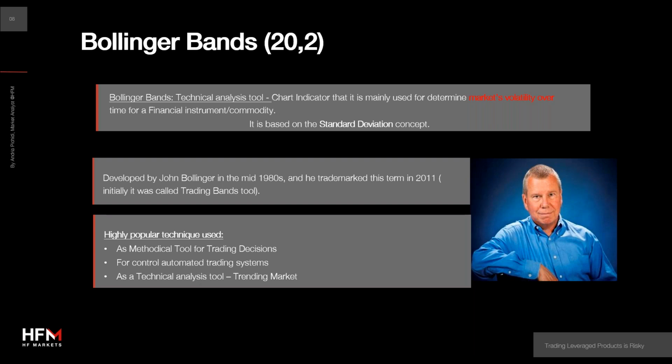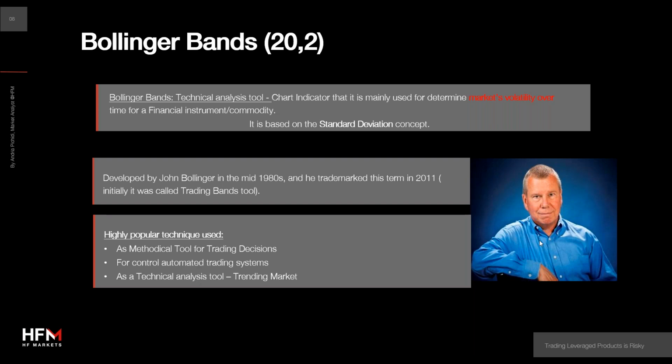Bollingers, as per the name, takes its name from a brilliant man, John Bollinger, the creator and developer of Bollinger Bands in the mid-1980s. That's why he trademarked it after his name.